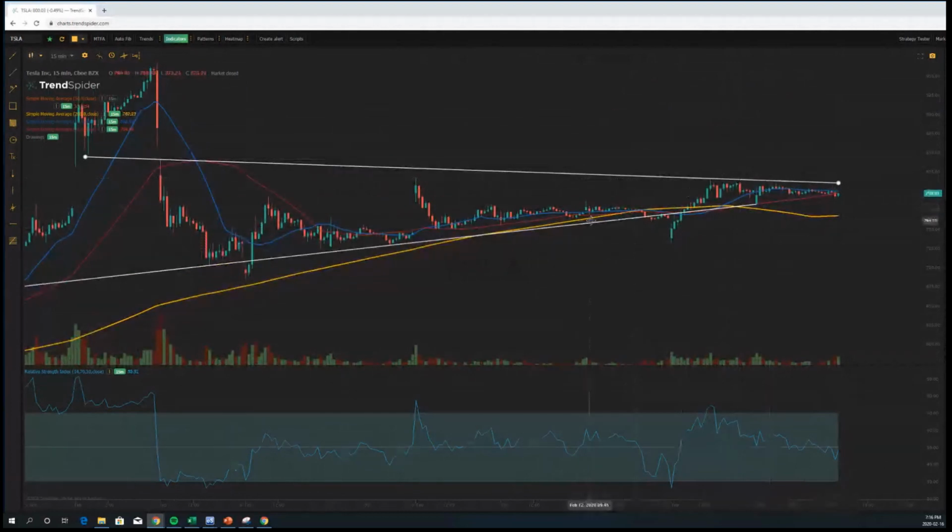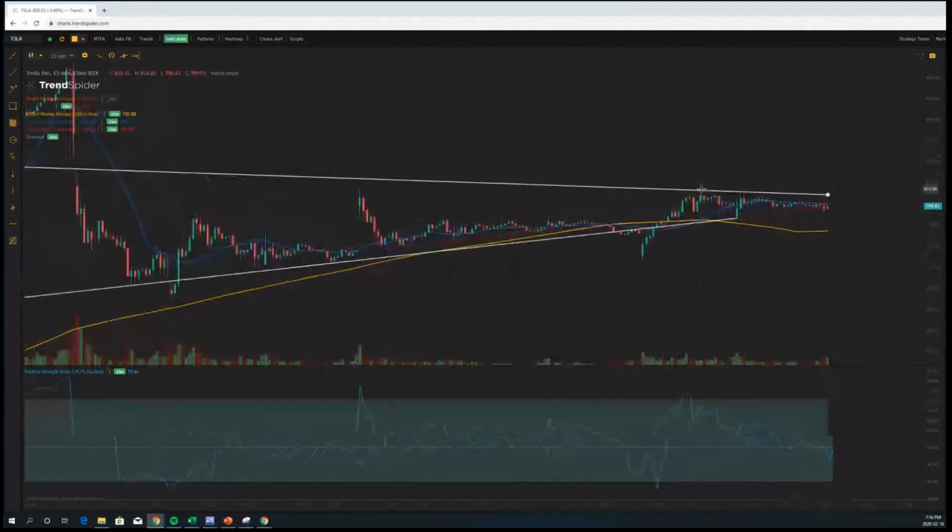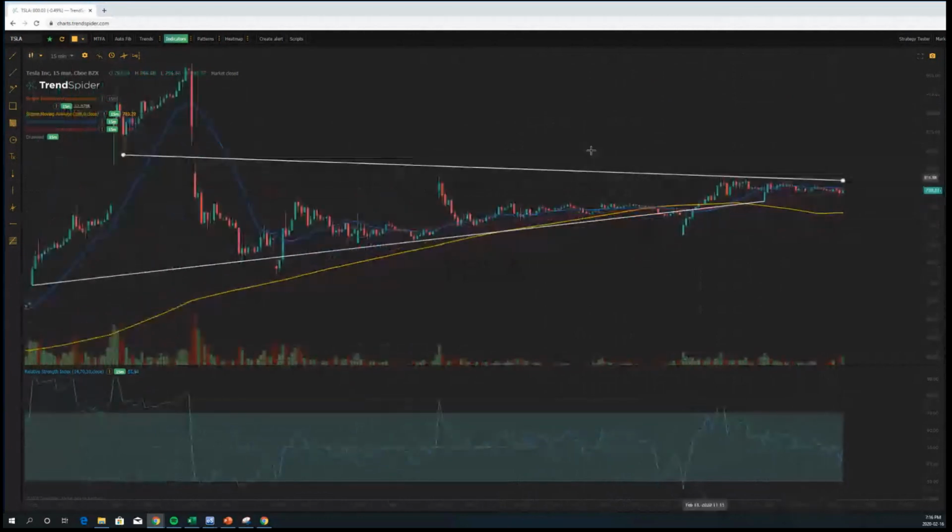Half size the trade and give it maybe a 3% risk. If it gets above that 820, it can easily push into this gap of around 880, 890, maybe even 900. So that's where I'd be looking to get long.